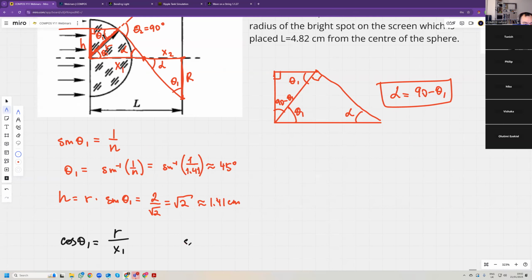And for this one, sine theta 1 is x2 over... tan. We can use tan. Tan theta 1 is x2 over r.